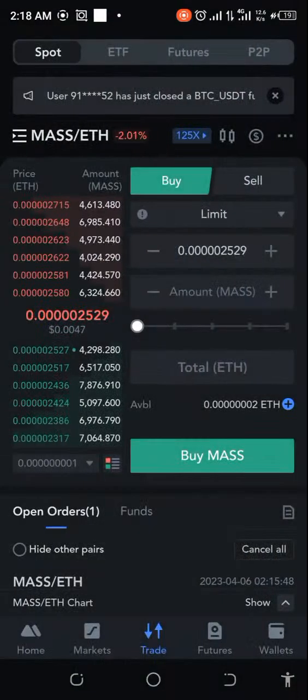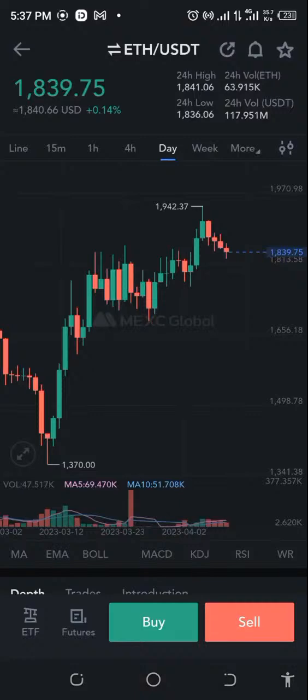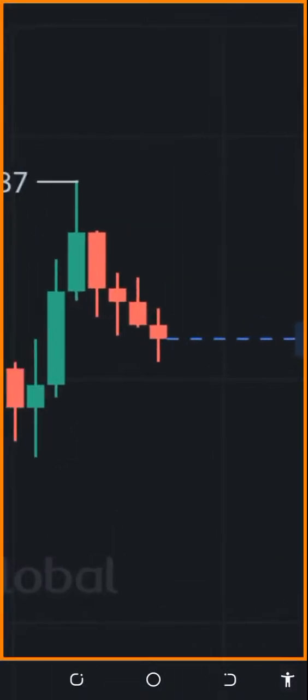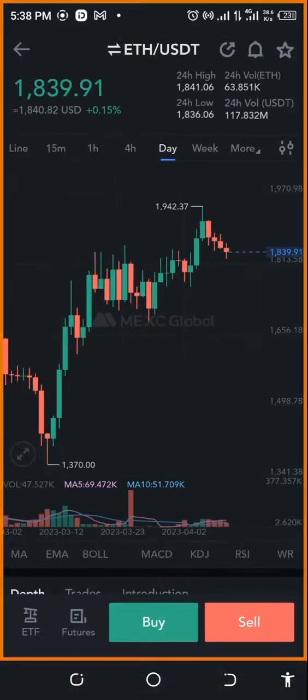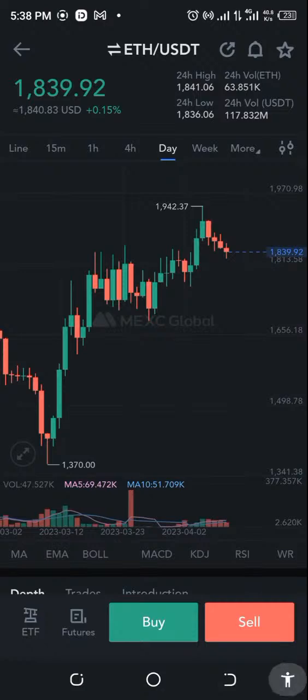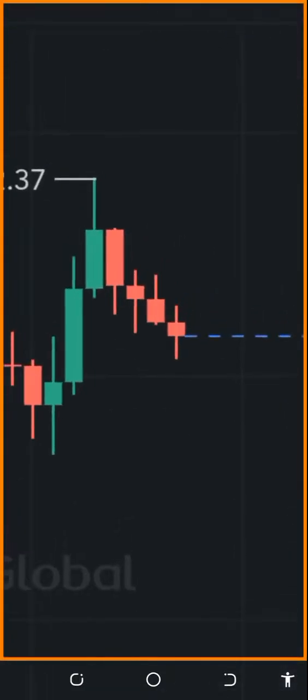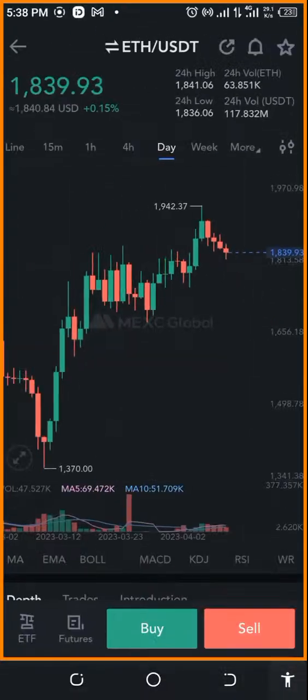See you shortly. Okay, all right, I'm back after 3 days, and it just seems like ETH decided to go down. As you can see here, just to let you know, it's like 3 days, because as you can see here, this is the 1 day chart, and you can see that for the past 3 days, the ETH has been going down, right?